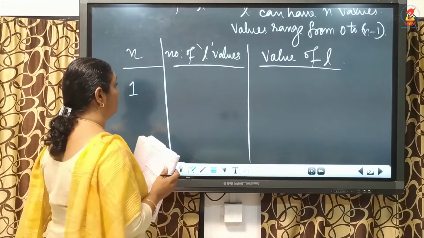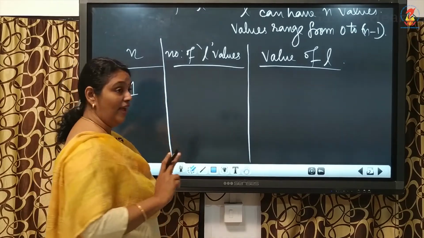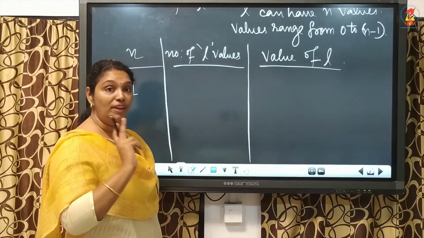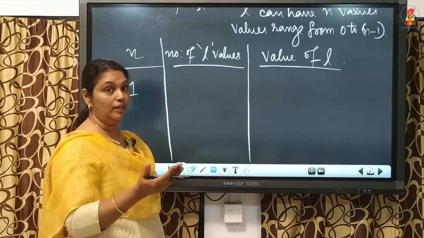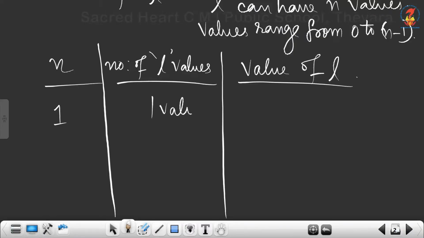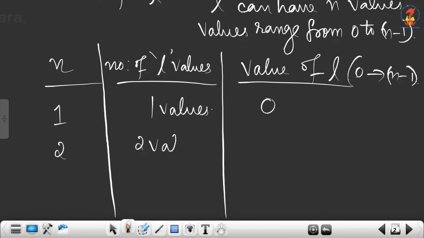The number of l values: for a given value of n, l can have n values, so how many values will l have? Only one value. And the value of l ranges from 0 to n minus 1, so what is that value? It will be 0. Now, if n is equal to 2, how many l values do we have? 2 values.